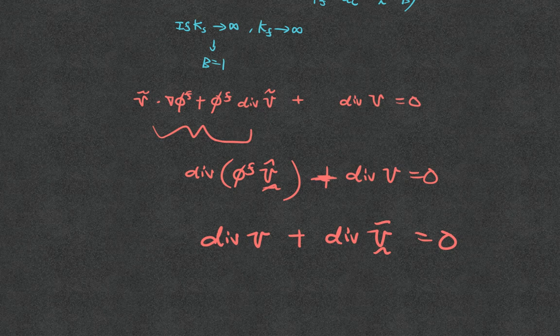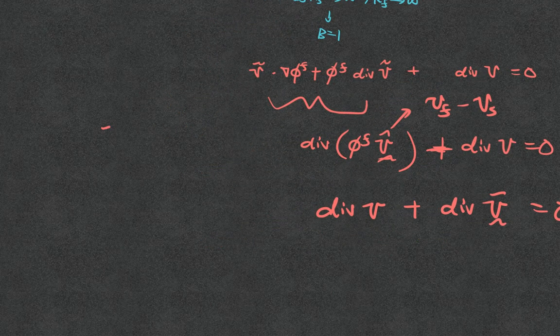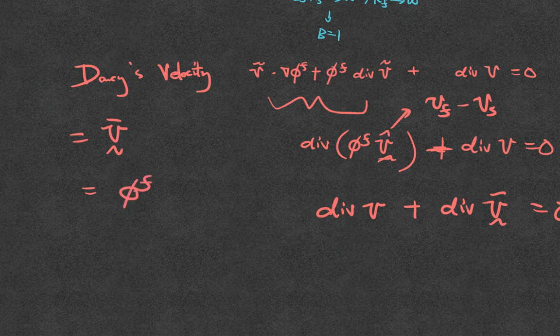Now this one is actually Vf minus Vs, and as I said before, the Darcy's velocity is equal to the porosity of the material times Vf minus Vs, which is the relative velocity.